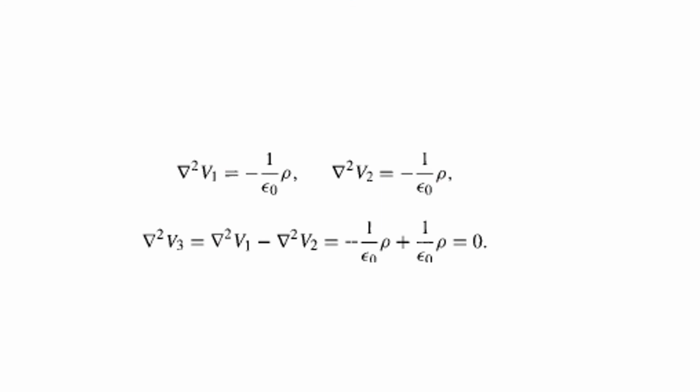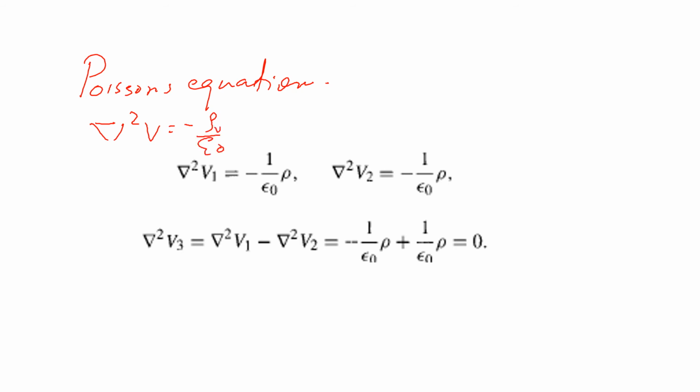The same argument of the uniqueness theorem can be used for Poisson's equation also. The only change is that we add some charges to the volume, so that the equation becomes del square V equal to negative rho divided by epsilon 0.